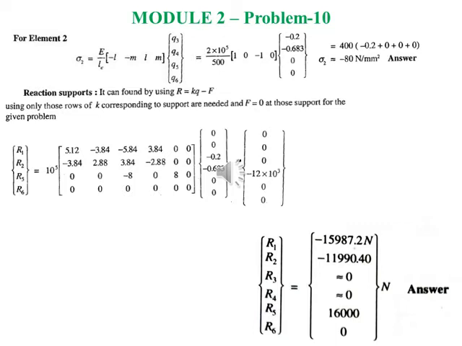Hence R1, R2, R5 and R6 is equal to 10 power 5 into the corresponding K values: for R1, row 1, column 1; row 5, column 5; row 1, row 2, column 1, column 2; row 5, column 5, row 6, column 6 are to be utilized.